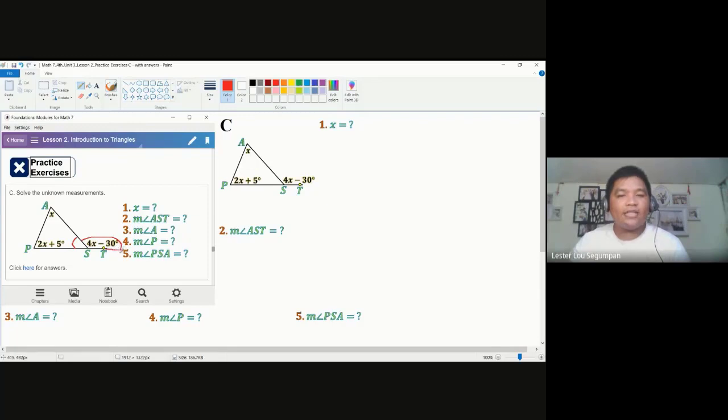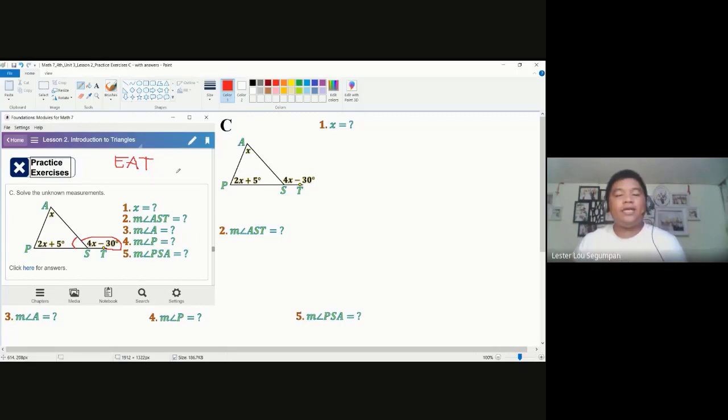This angle is called an exterior angle of this triangle. With that, we are going to use the exterior angle theorem, specifically for triangles only. Again, the exterior angle theorem is for triangles. We can't use it for the rest.